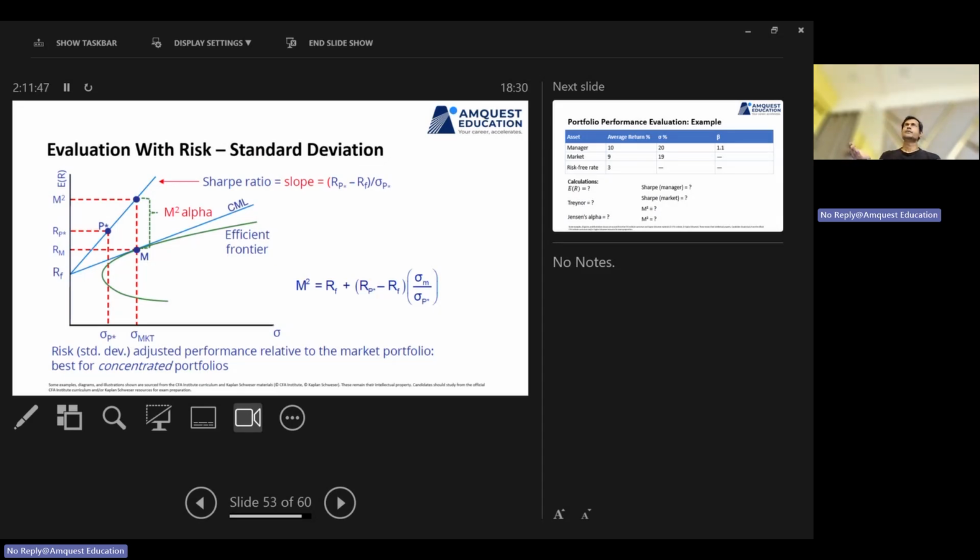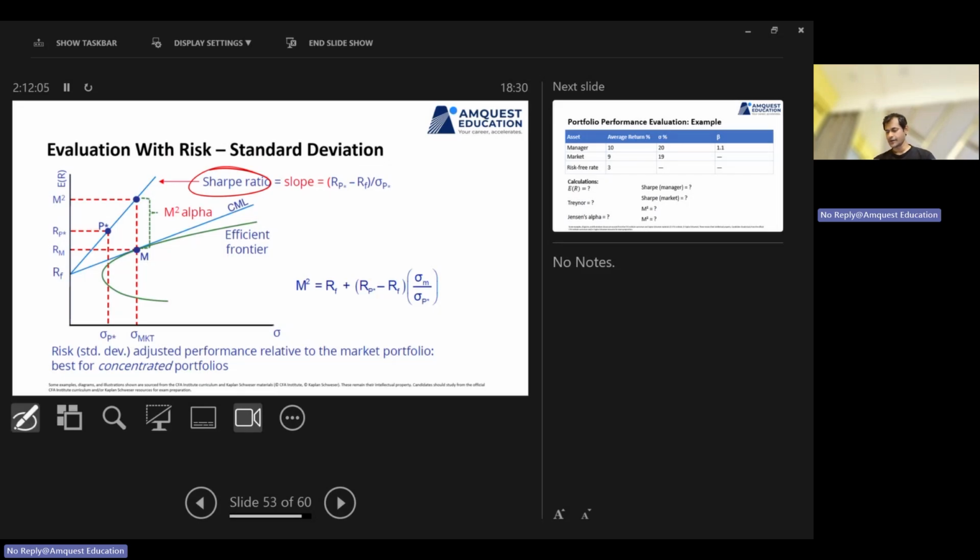If I took 5% more risk, how much more return am I getting? 10%, 12, 14. How much more return am I earning for every extra risk I take? This is called the Sharpe ratio.